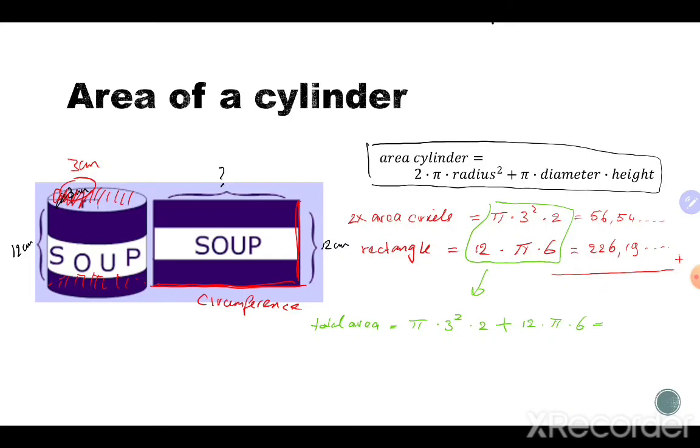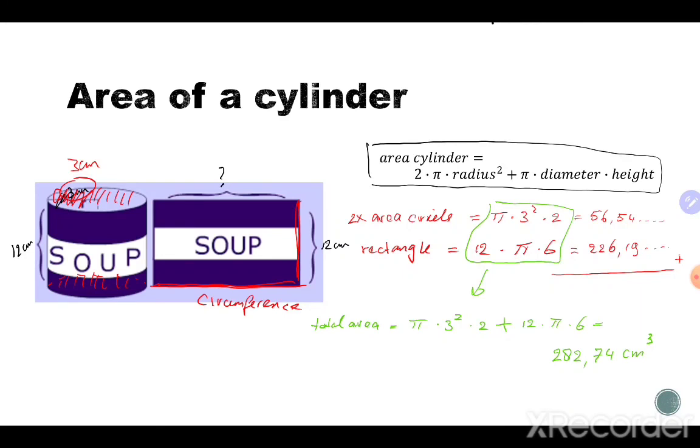So I'm going to put this part in my calculator, pi times 3 squared times 2 plus 12 times pi times 6, and then you get 282.74 square centimeters. All right.